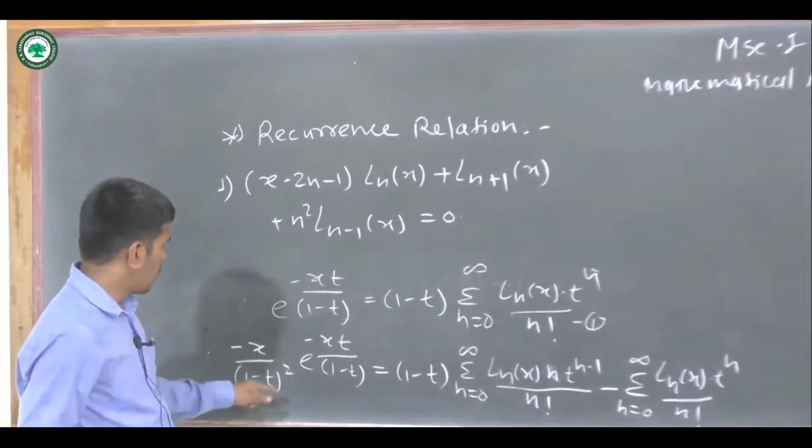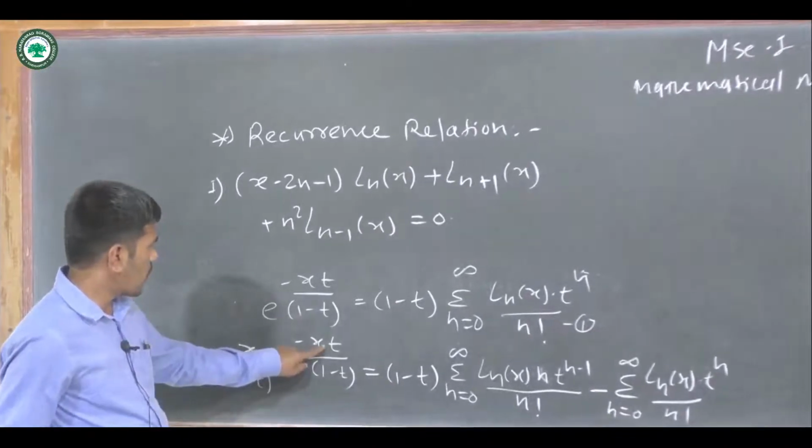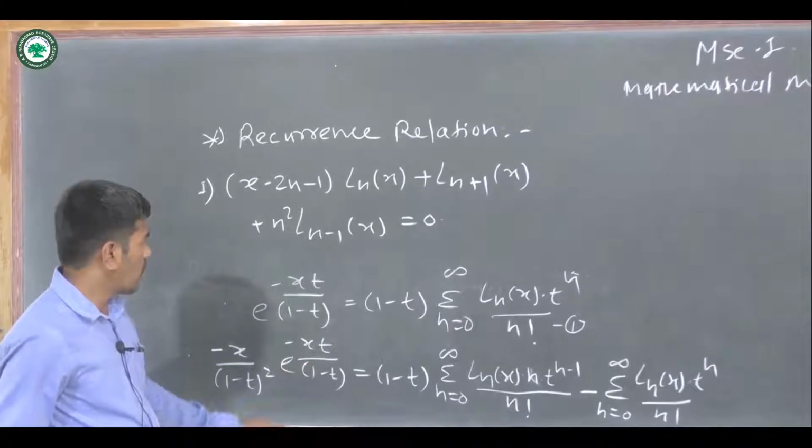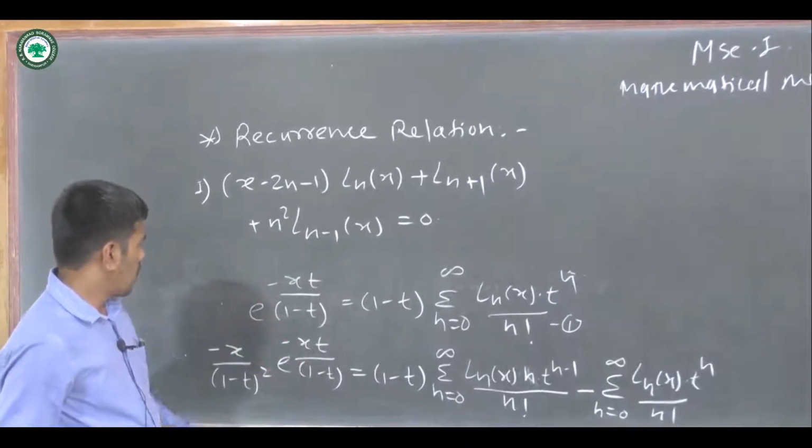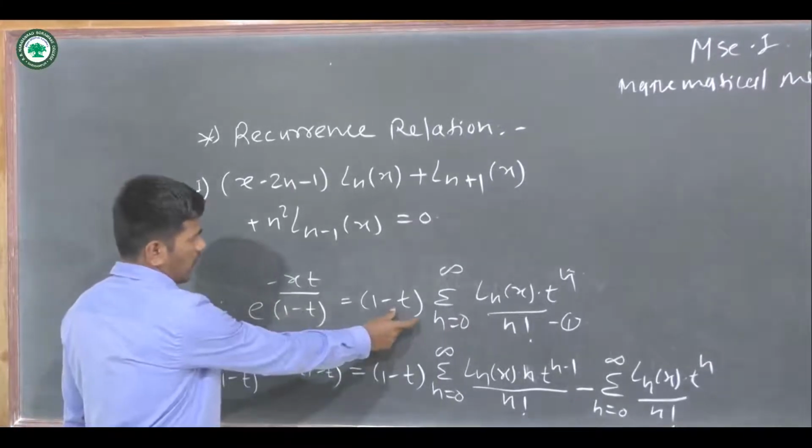Now this expression e^(−xt/(1−t)) we equate with these terms.